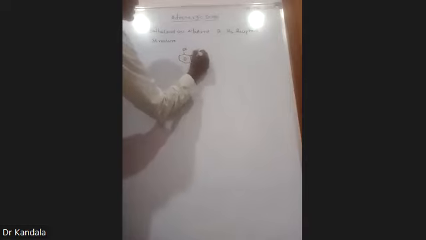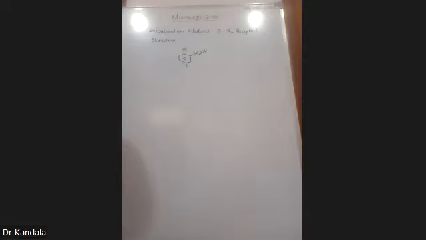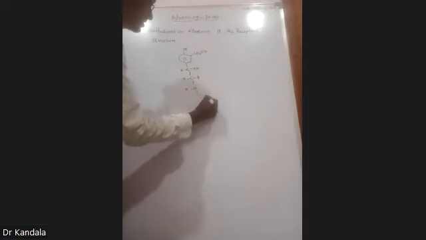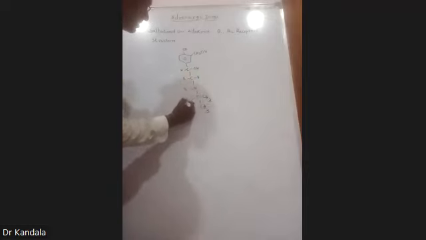It has OH, CH2OH, and now it has a secondary alcohol group, and a CH2, and now a tertiary amine group, a tertiary butyl amine group. So this is the structure of salbutamol or albuterol.